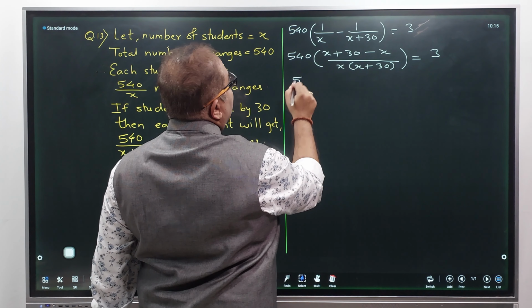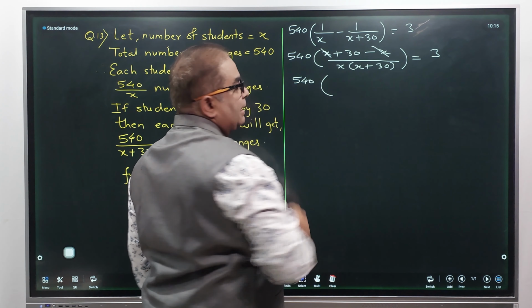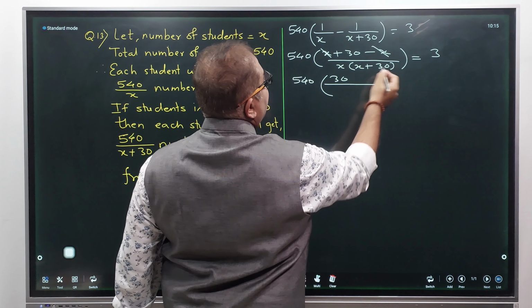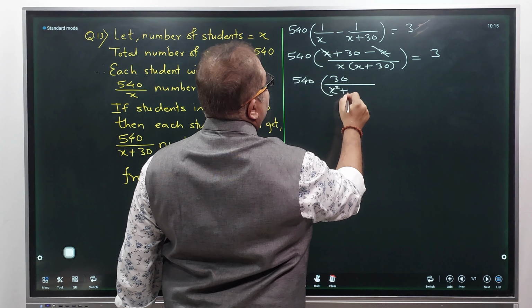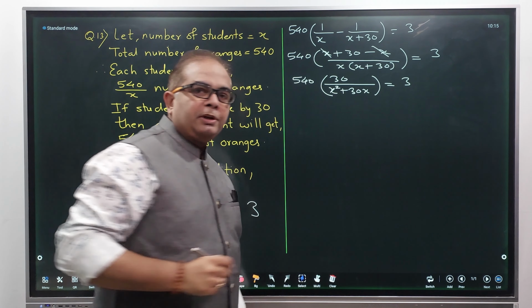So 540, x minus x is getting cancelled. 30 upon x into x plus 30, x square plus 30x equals to 3.